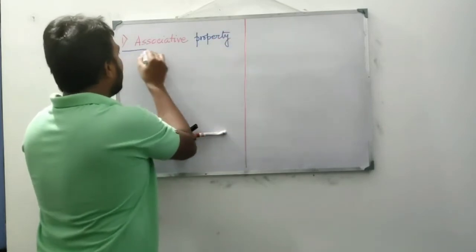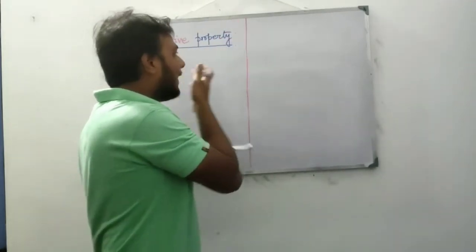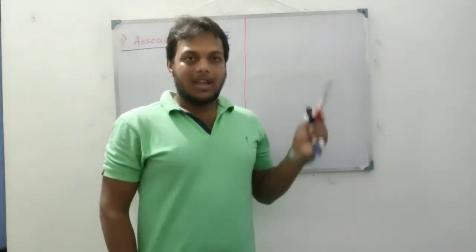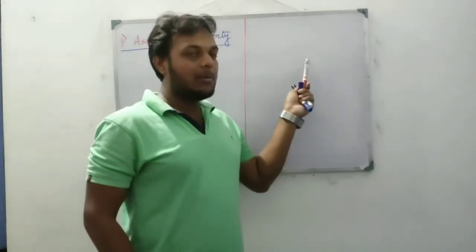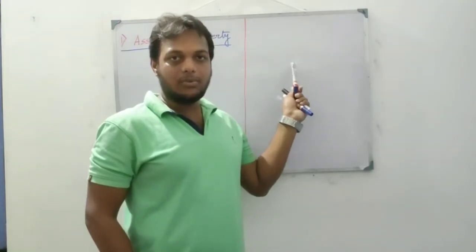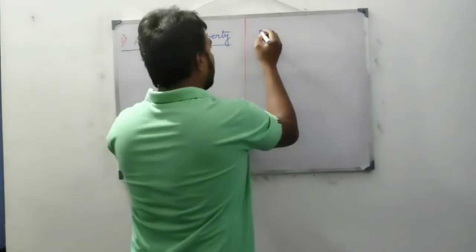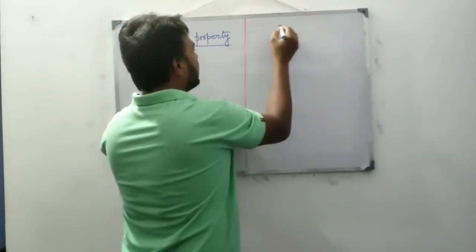Actually, this is a very well-known property. Why? You have learned about the associative property in lower classes. I am discussing here the previous concept. You know the associative property for addition. Associative property for addition was previous knowledge.